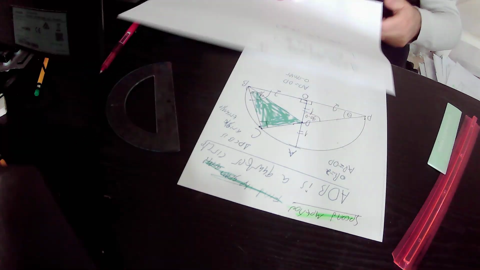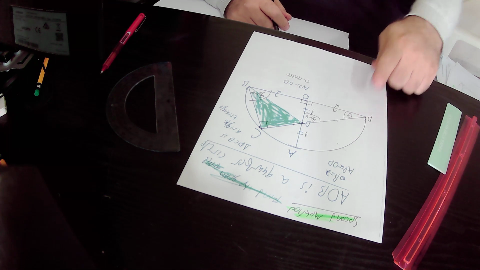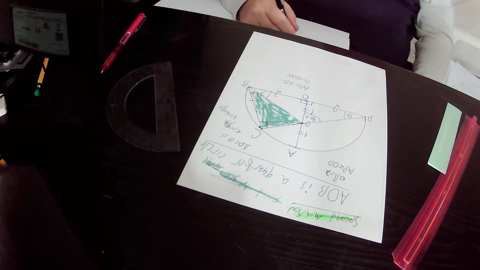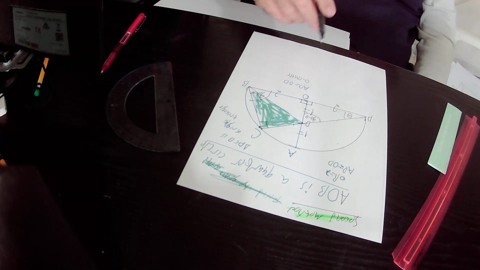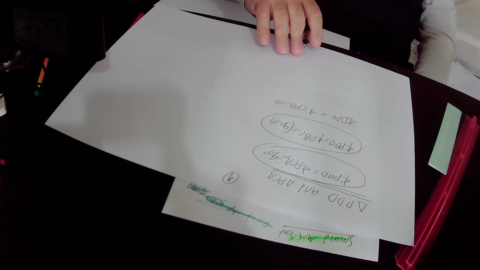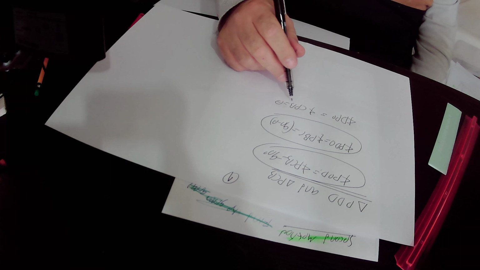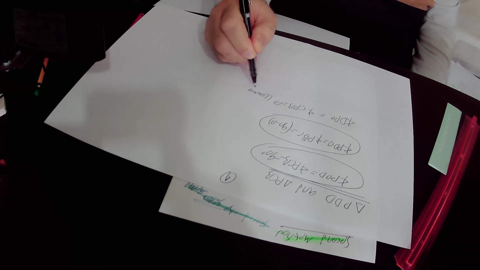And finally, this angle is a common angle that belongs to both triangles, therefore this angle equals itself. So angle DPO equals angle CPB, the same angle, the angle equals itself. So angle CPB is equal to theta, so here angle DPO equals angle CPB equals theta. It is a common angle that belongs to both triangles.